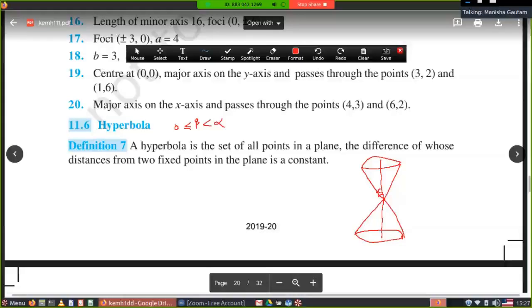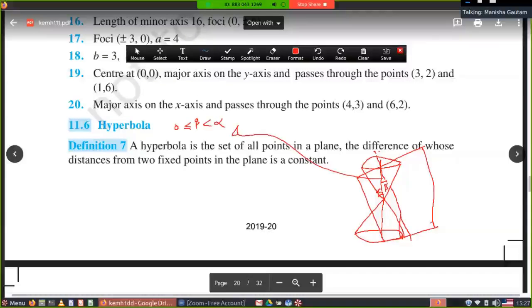If I take a plane like this, suppose a plane cuts the cone, this is the axis of the plane, and this is the angle beta. This relation I told you: beta is greater than or equal to 0 and less than alpha.